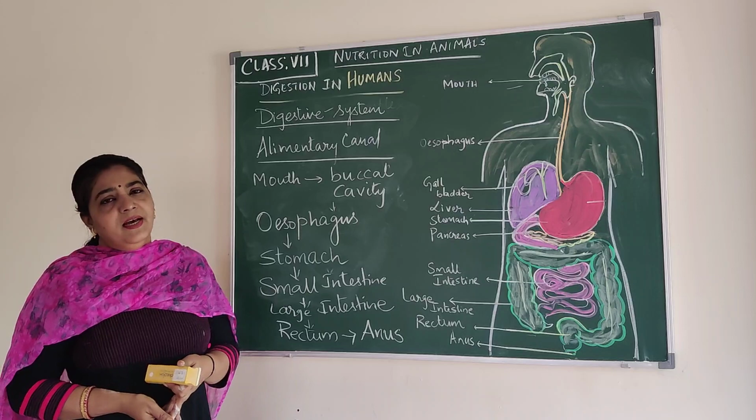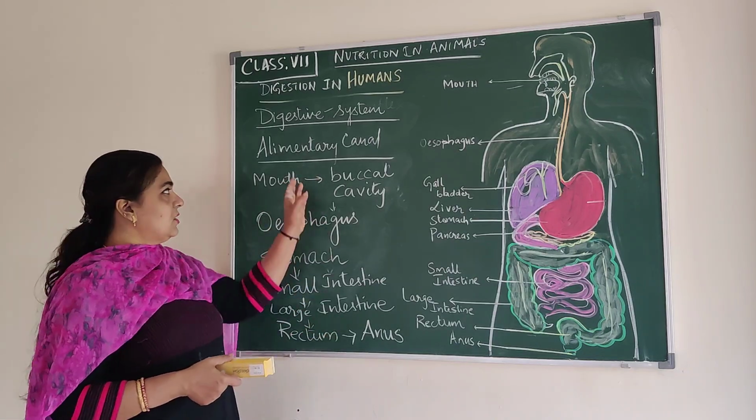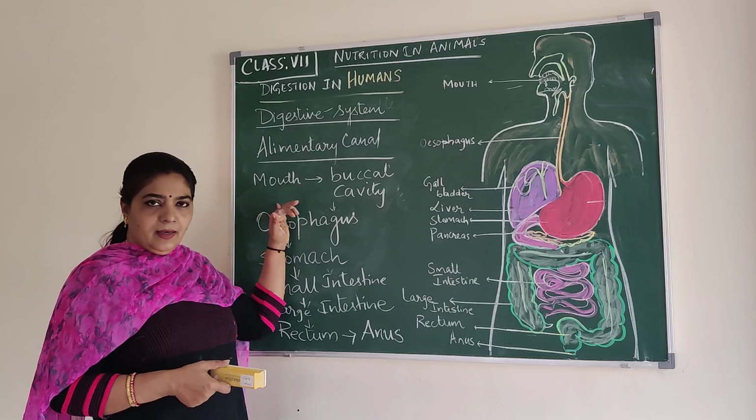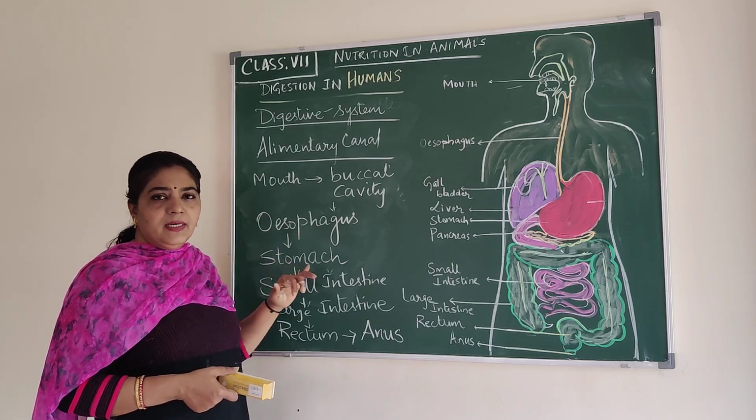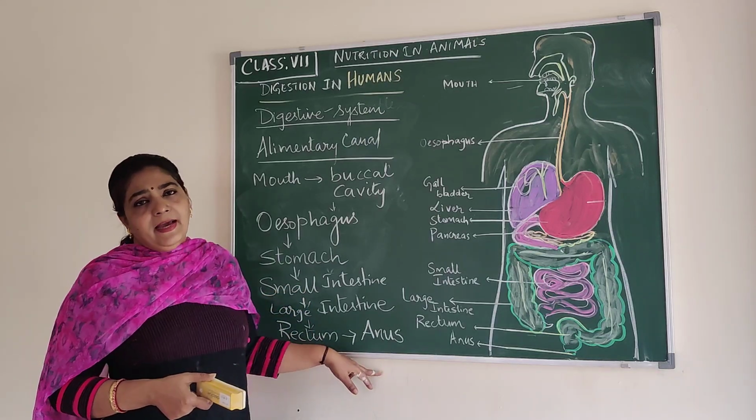Together this forms the alimentary canal. These are the organs of the alimentary canal: mouth, esophagus, stomach, small intestine, large intestine, rectum and anus.